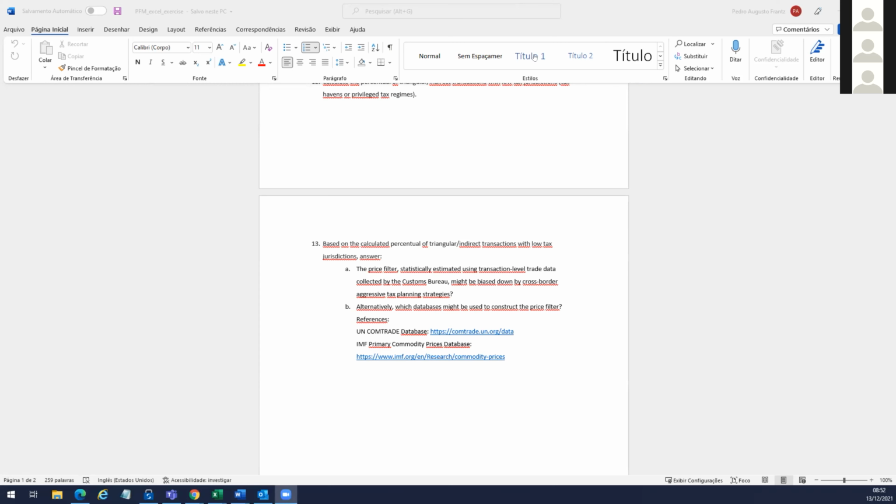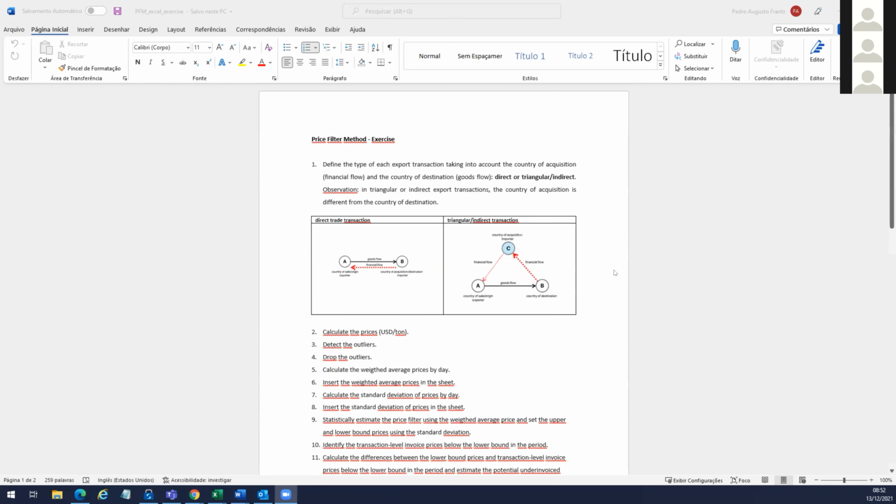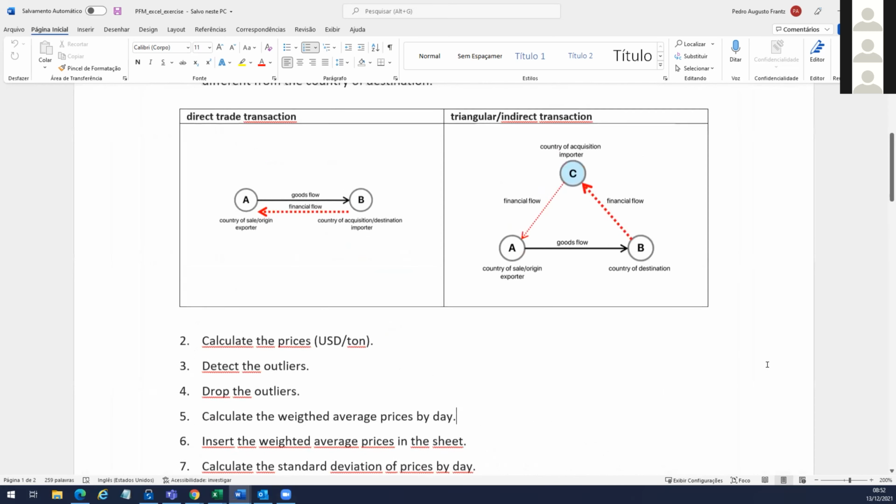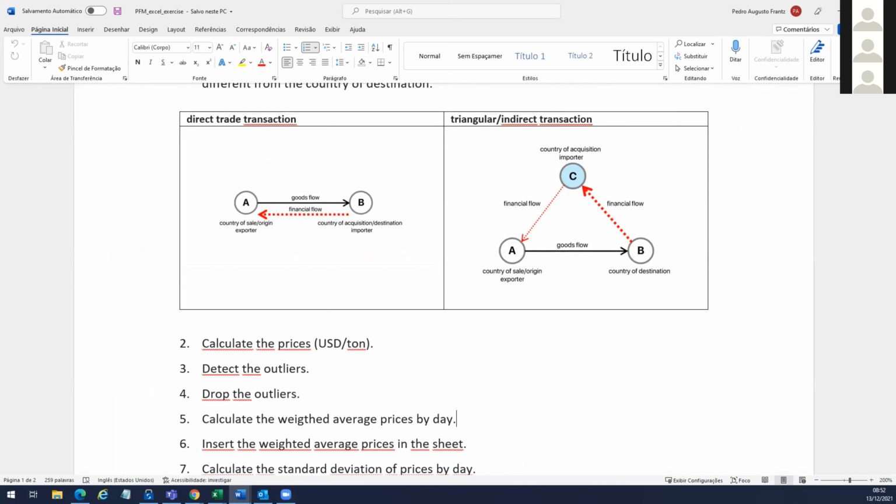I think it is important to say also, Pedro, if you can show the first item in the file, if you can zoom the images. Maybe you're not used to this kind of data, but you can find this in transaction level trade data collected by customs. You always have the country of sale or the country of acquisition.